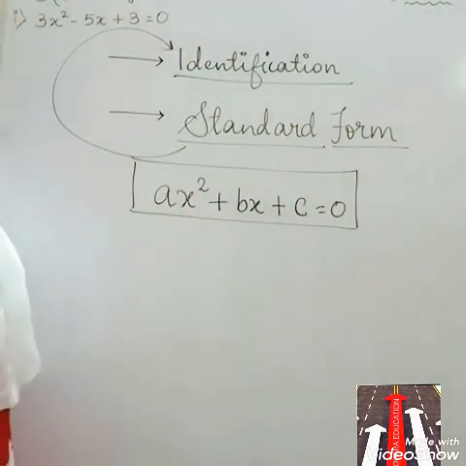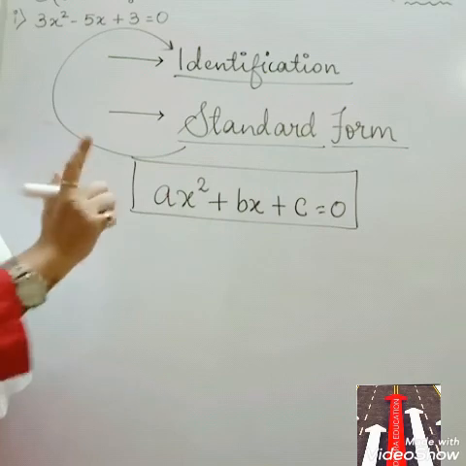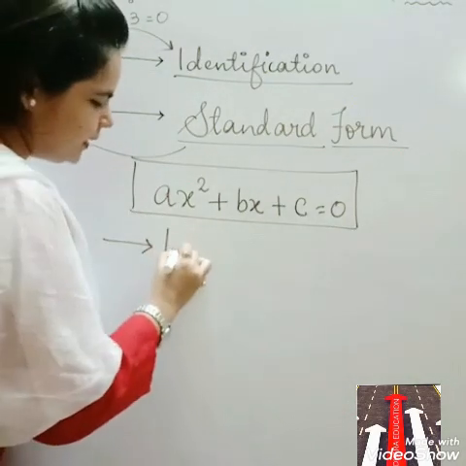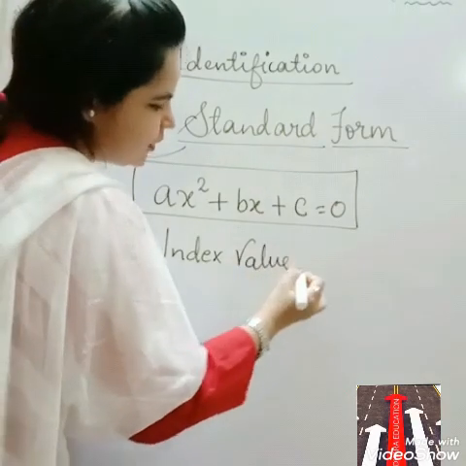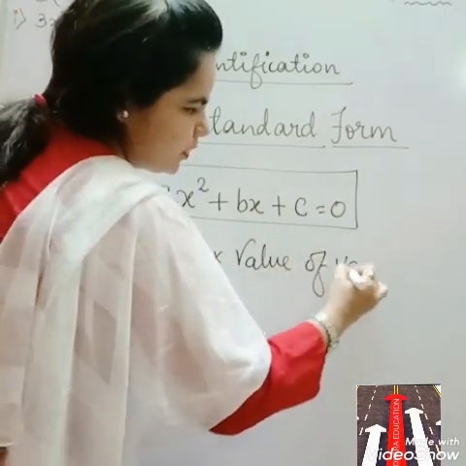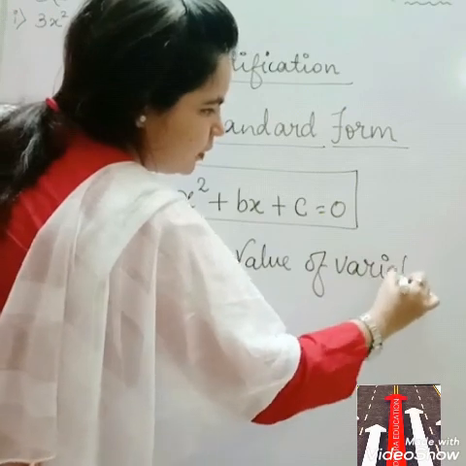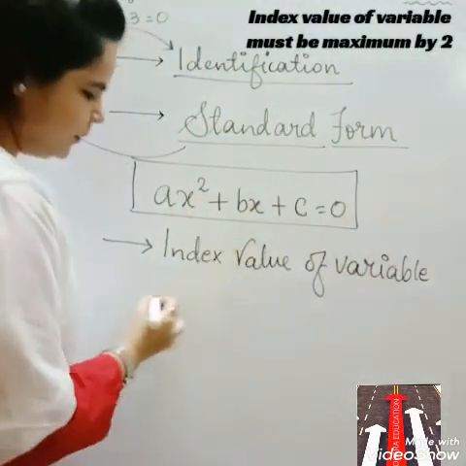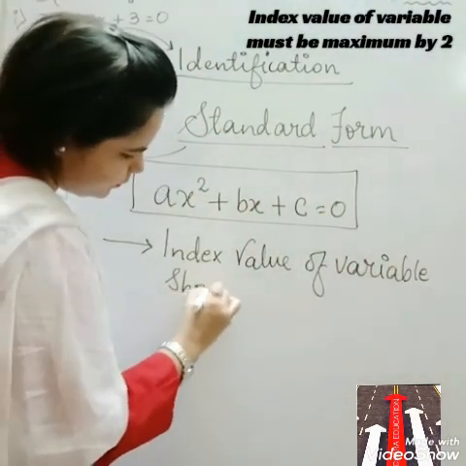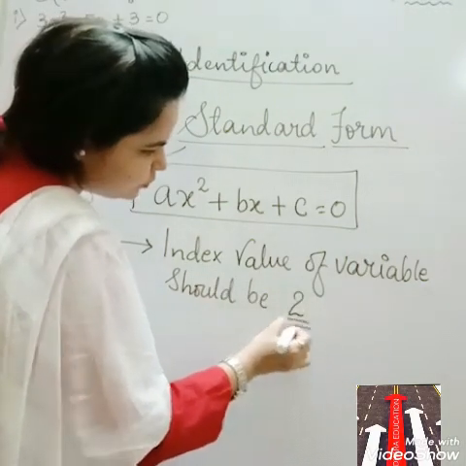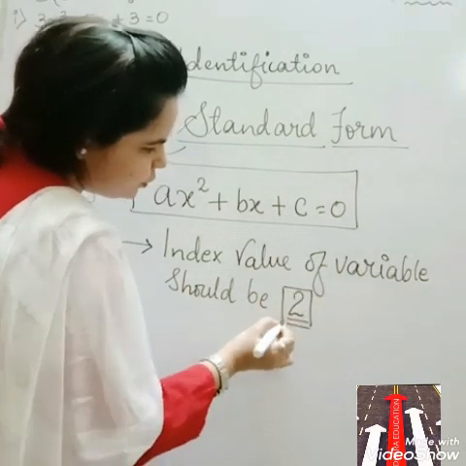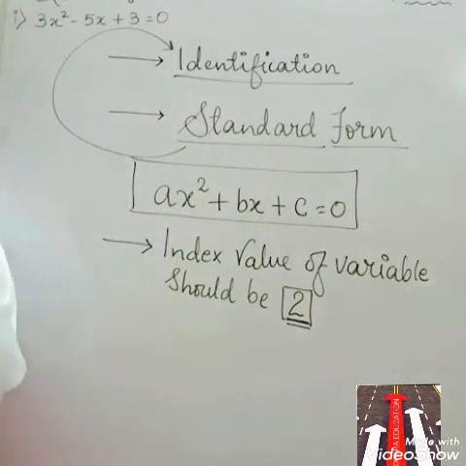On the other hand, we should always remember one more thing: the index value of a particular variable should be 2. You have to remember this.